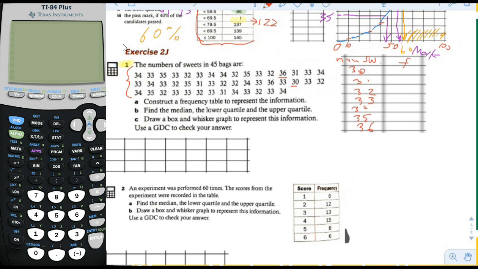So the number of sweets 30, 31, 32, etc. So let's look first for all the bags with 30. So there's 1, and is that it? I think that's it. So we'll just mark that there is 1 bag with 30.